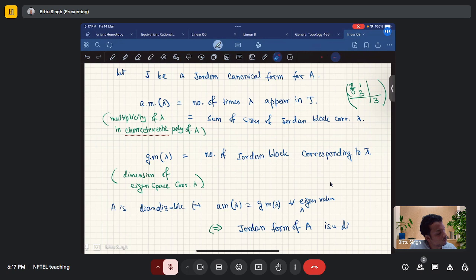Those entries must be 0. Therefore, this is actually diagonal, right? Because there is no 1 above the diagonal. Those are a few properties which we will use during this tutorial.